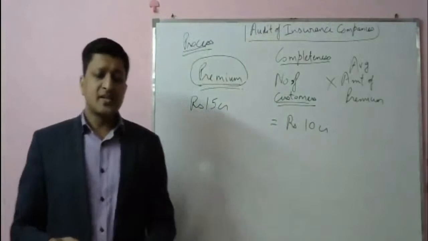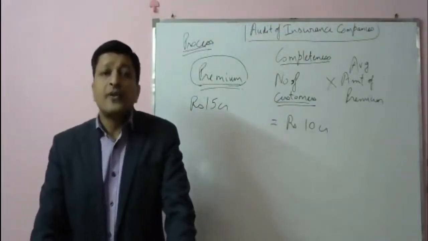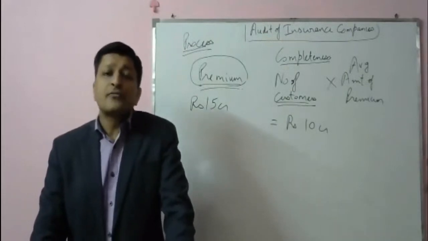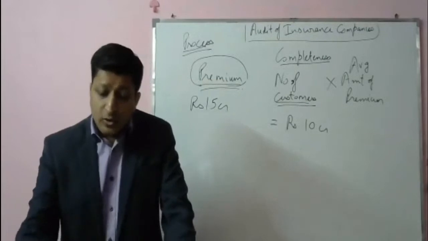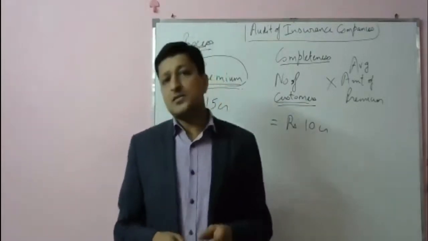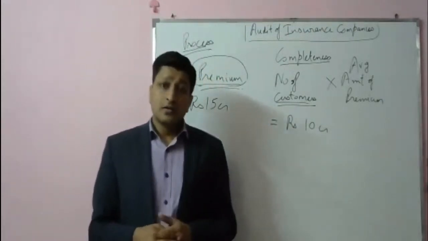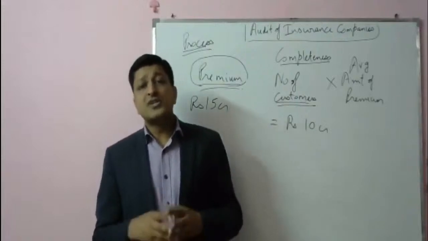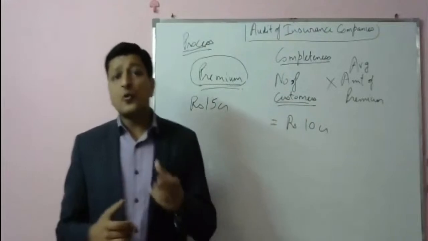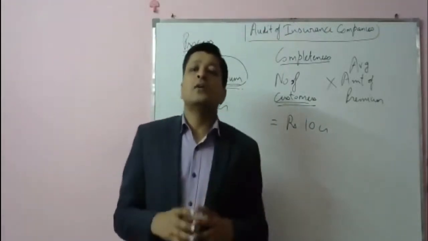Next, Preeti is saying, we can also check as an auditor whether the forfeited amounts on policies discontinued also form part of the income. So there could be certain policies which are surrendered by the customer, or certain policies which have lapsed. So there could be certain amount which the insurance company would have earned on that.